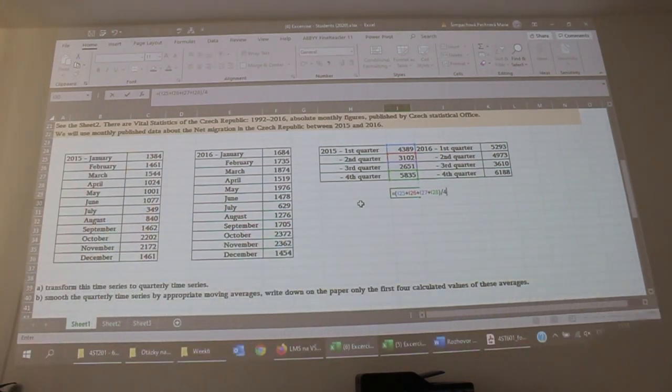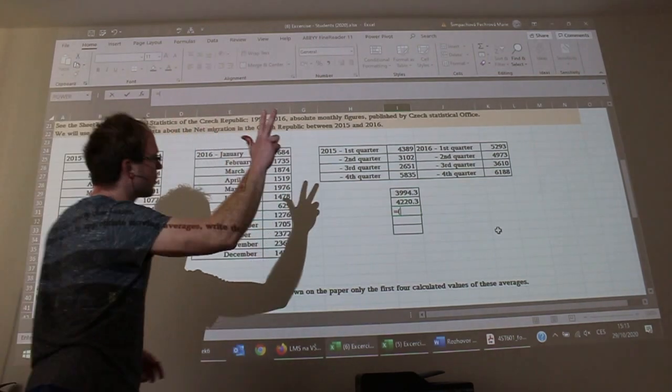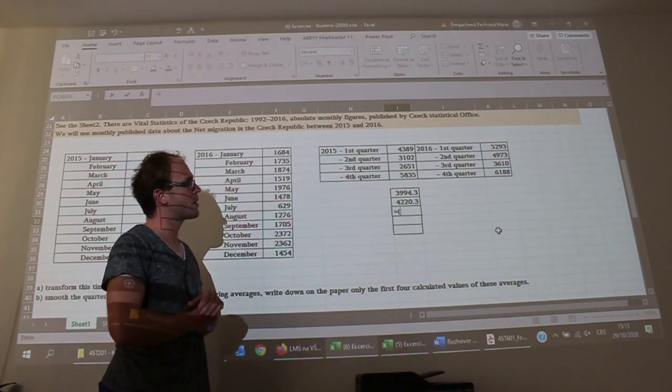So we can continue. I will use formatting, and I will calculate these values here. Equal sign, I will open the parenthesis: second quarter plus third quarter plus fourth quarter plus first quarter from the new year, 2016. Close the parenthesis, divided by 4, and you can continue. Equal sign, open parenthesis. This is already the third possible value: third quarter, fourth quarter, first quarter from the new year, second quarter from the new year.